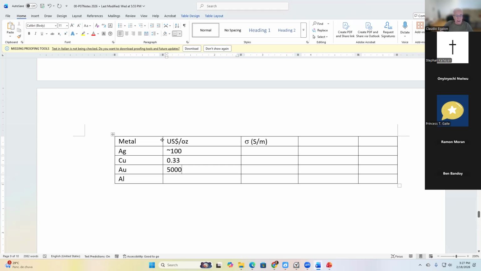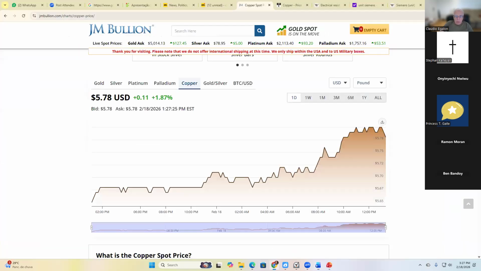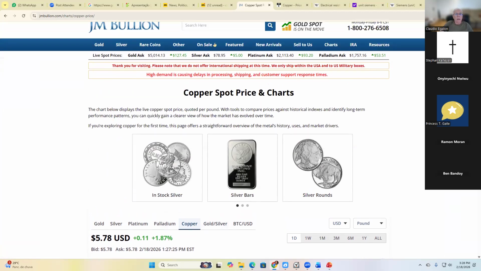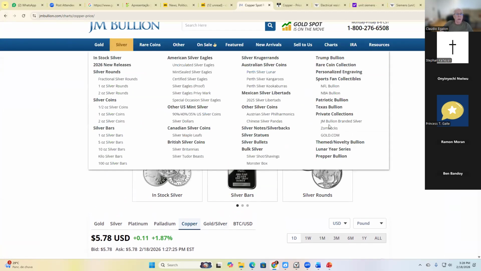They're gonna sell it to you at least 110 or 120, even in the States. Aluminum. Let's take a look at the price of aluminum. I didn't have aluminum here. What a shame. Okay, they don't have it.